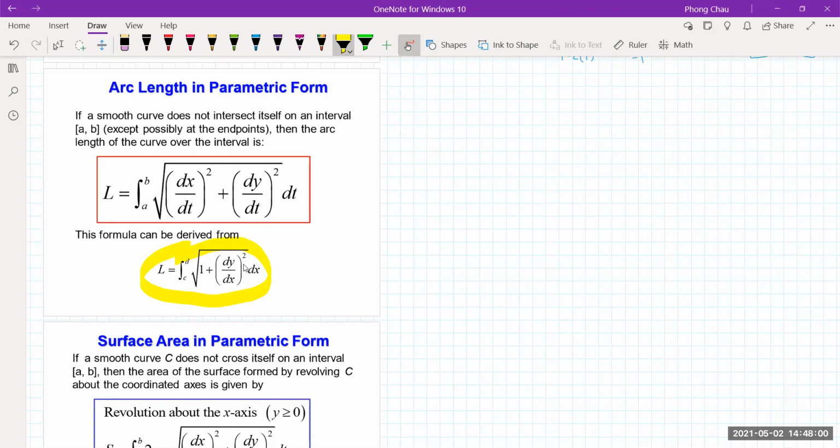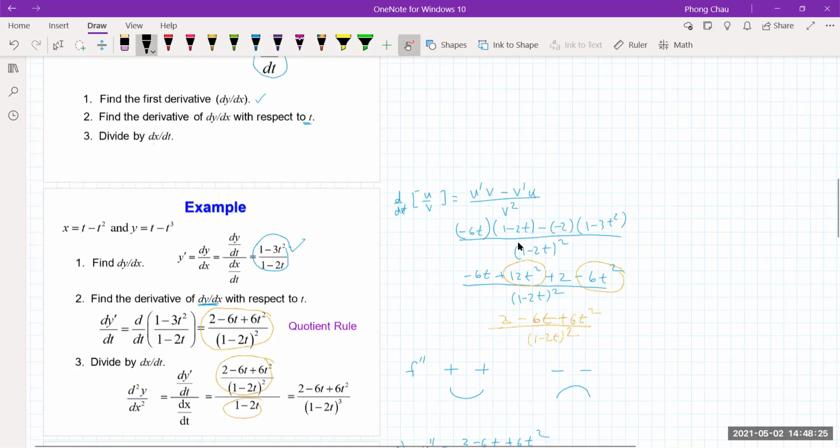Now, what happens is, going from this formula, we use the information that we learned in this section. What is dy/dx again, right? So dy/dx is dy/dt over dx/dt. Okay, the parametric form that we have over here.